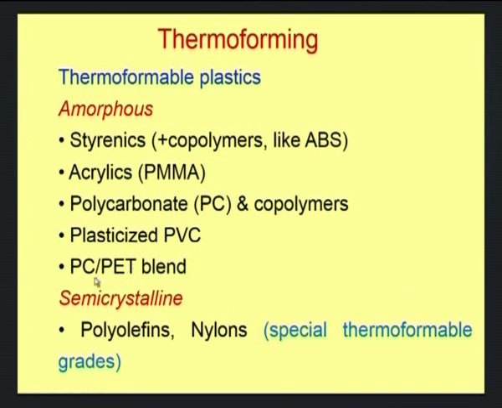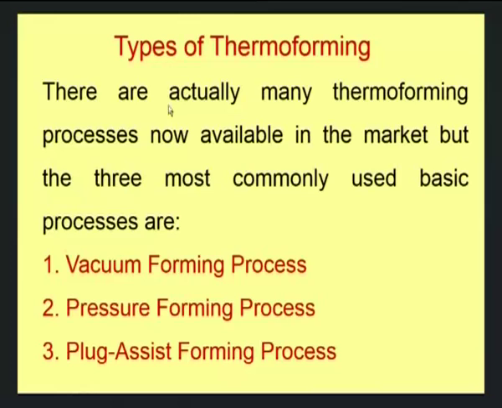This is one of the commercially exploited blends which has wide application with respect to products made by the thermoforming process. And when you look into semi-crystalline materials, all polyolefins, polyethylene, polypropylene could be thermoformed. And nylons are known for their hygroscopic nature, that is they will absorb moisture at room conditions. Therefore, whenever nylons have to be thermoformed, special thermoforming grades are available, and that could be used for this thermoforming process.